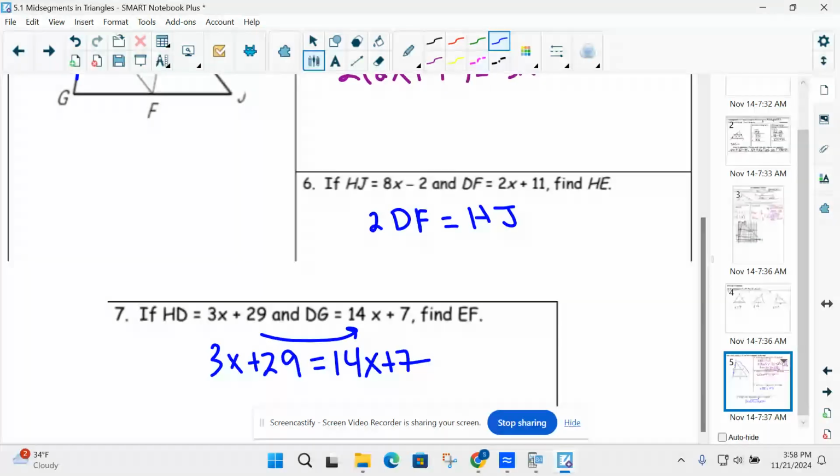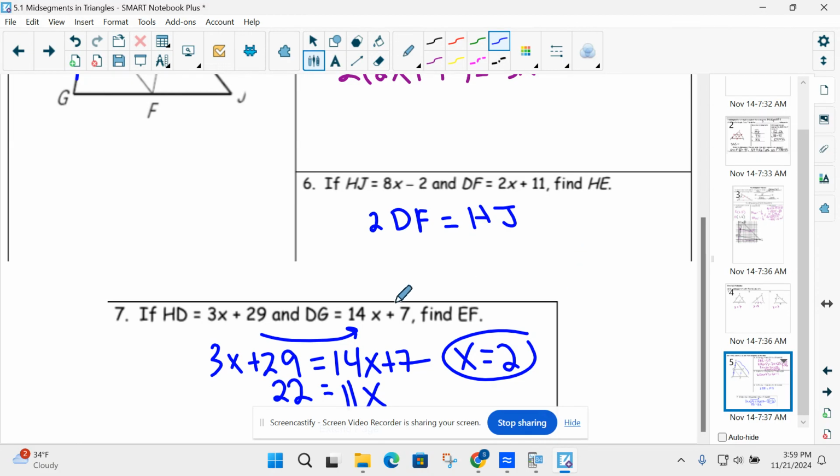Move your terms over, so this would be 22 equals 11x, and x is 2. Then you would plug 2 back into either of these. I'm just going to pick this one. So 3 times 2 plus 29 would be 6 plus 29, which is 35.